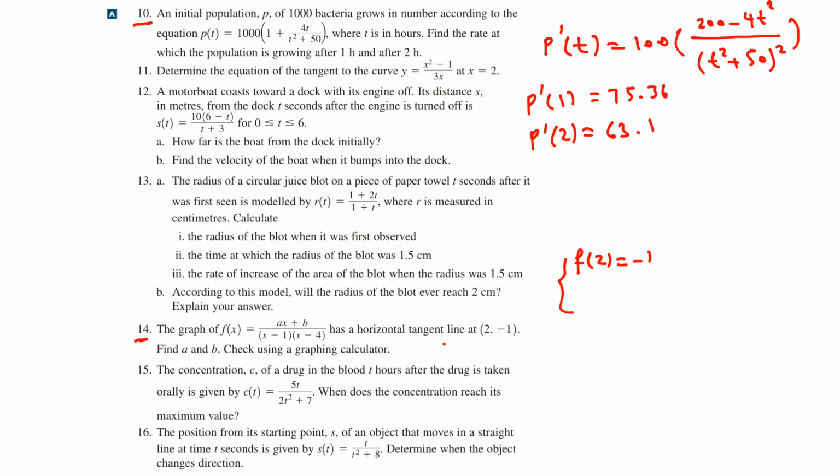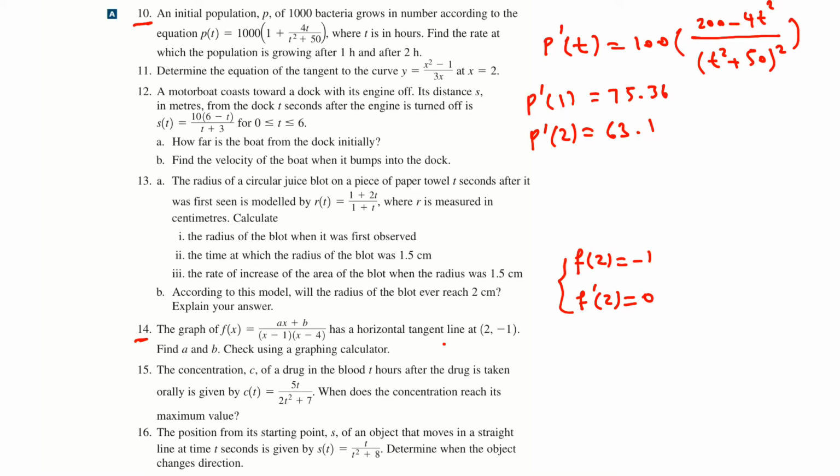Therefore, f of 2 is negative 1, and f prime of 2 is 0. The slope of a horizontal line is 0. So what we have to do is find the derivative of the function, set up this system of equations, and solve it for a and b.